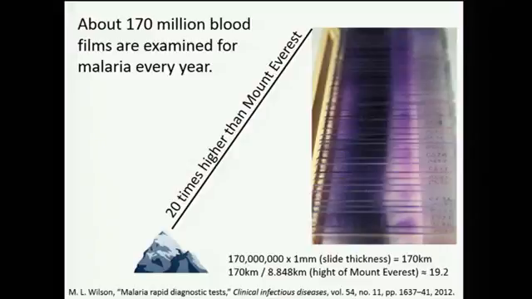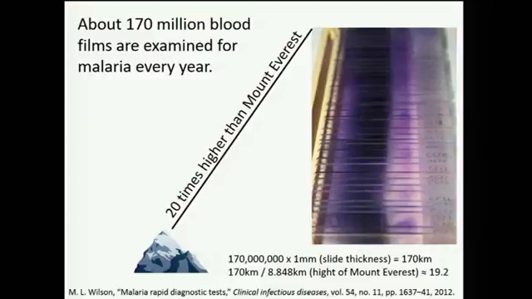Here this shows again the severity of the problem. There are about 170 million blood films scanned under the microscope every year. This is a large number, but if you really visualize that and present it this way, it is really impressive. Even the people at NIID didn't know that. Just when I computed it, it looked really impressive.